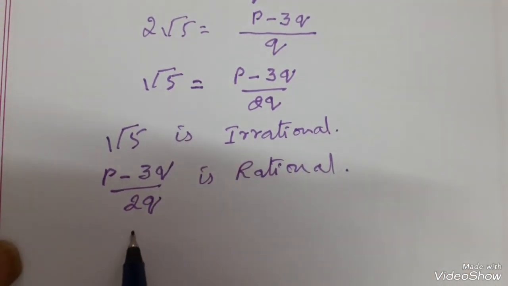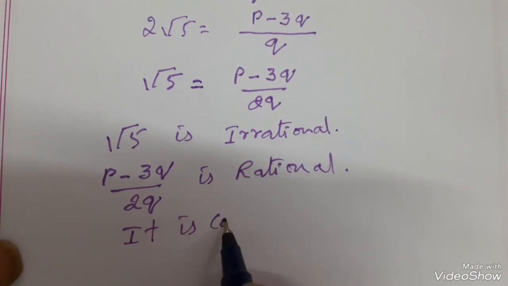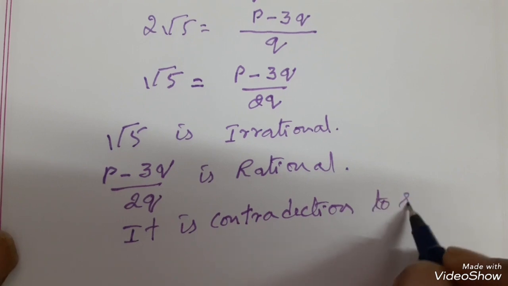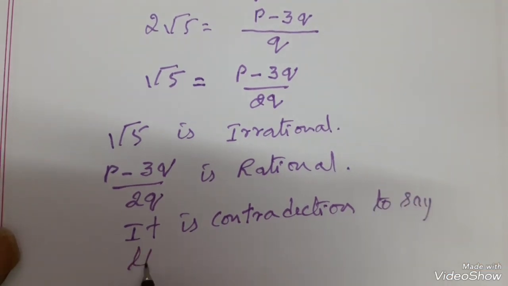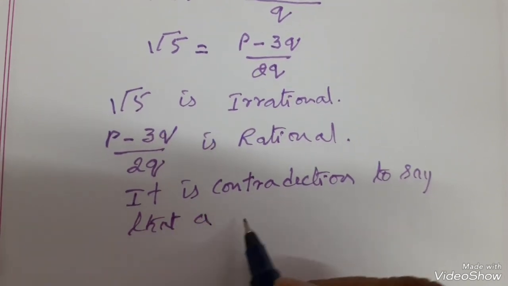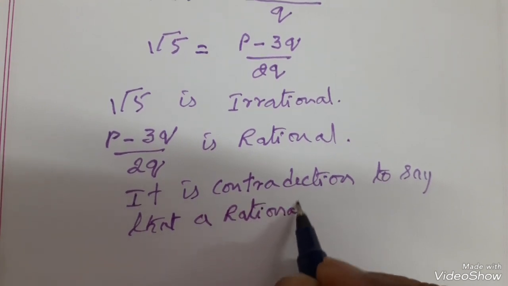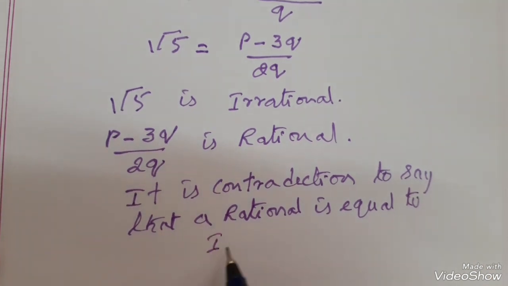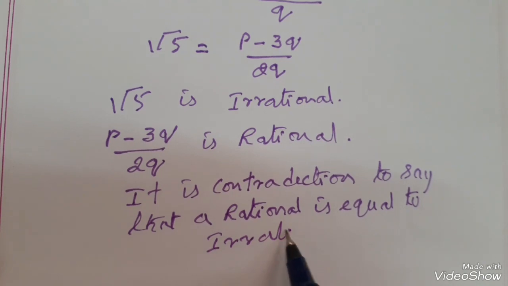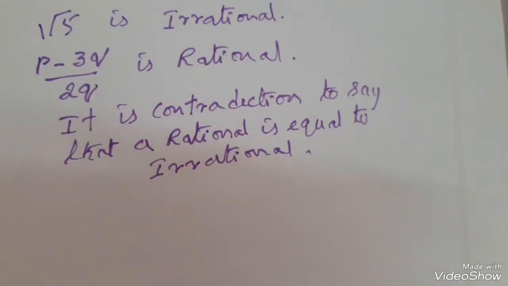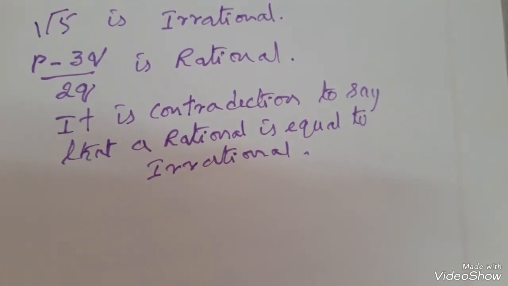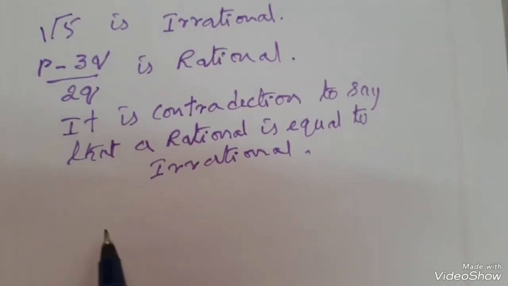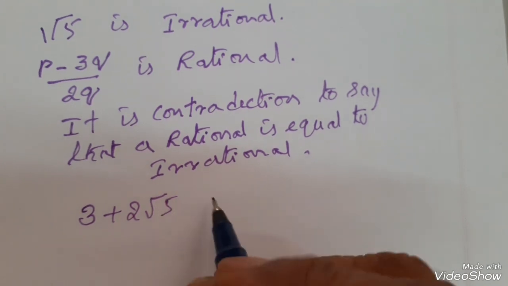So it is a contradiction to say that a rational is equal to an irrational. Therefore, 3 plus 2 root 5 is irrational.